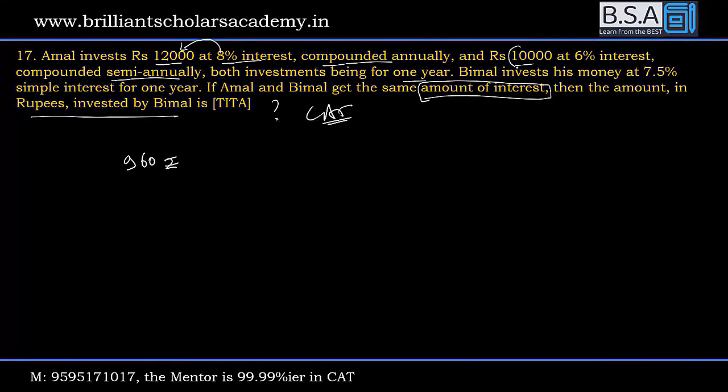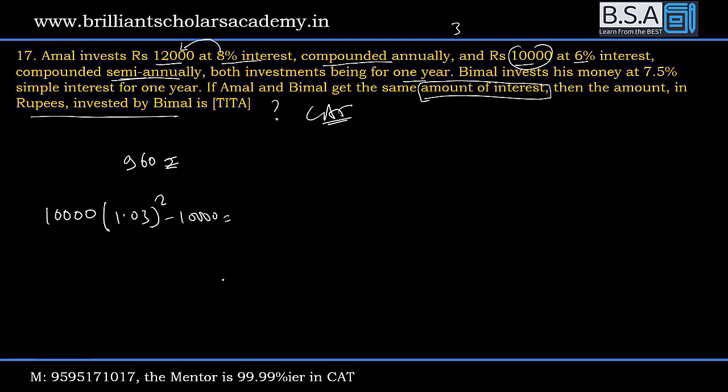Now 10,000 rupees is on 6% compounded semi-annually. So 6% semi-annually would mean 3%. So what I'll be doing here step by step is 10,000 increased by 1.03 square minus 10,000.